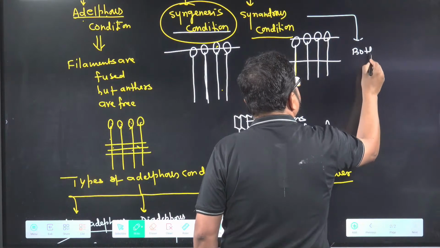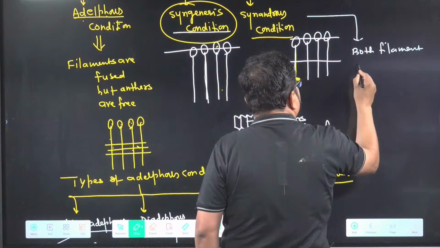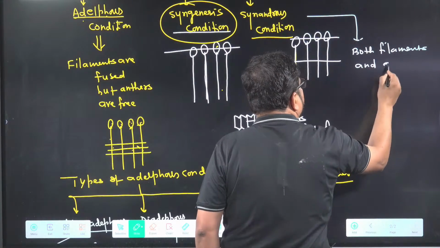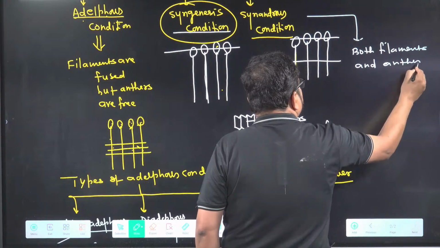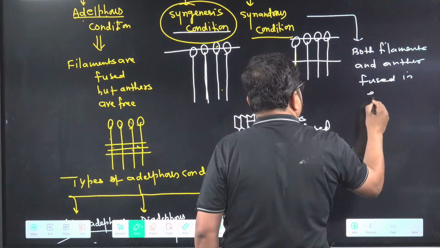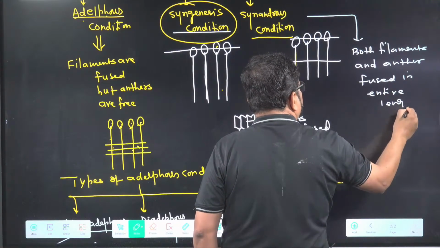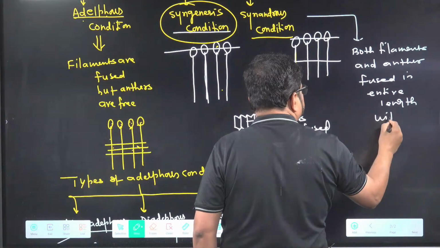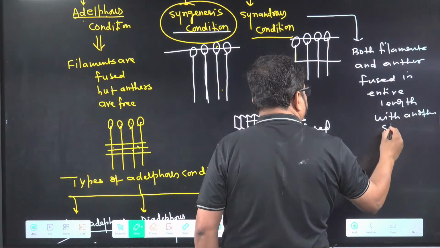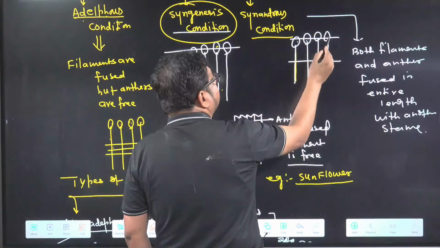Both filament and anthers fused in entire length with another stamen. So look here, this is a stamen, another stamen, a stamen, another stamen.